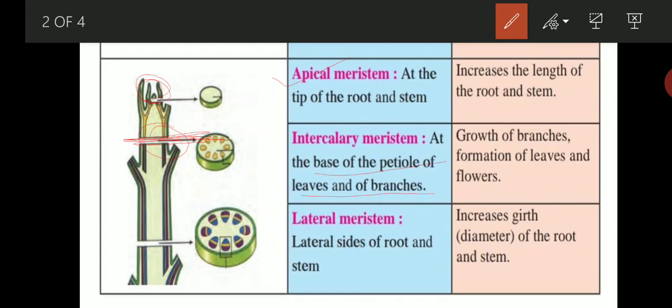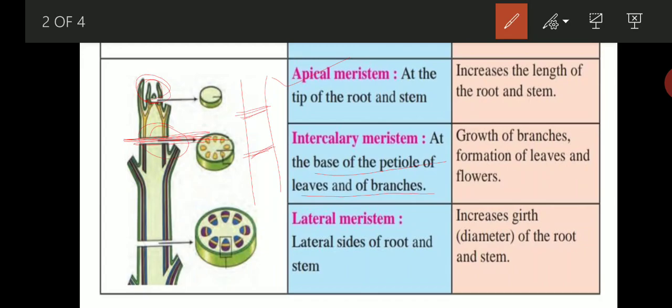If we take the example of sugarcane, then in the plant of sugarcane, at the place of nodes, these intercalary tissues are present. So they help in the formation of leaves as well as formation of flowers and growth of branches. So this is the second type of meristematic tissue.